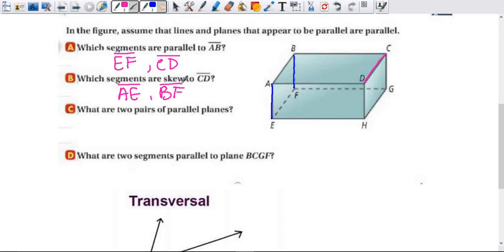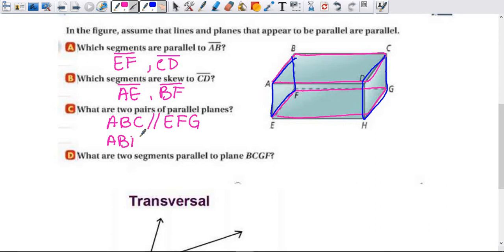What are two pairs of parallel planes? Okay, there's going to be 3 different ones here. I could use the top with the bottom, so I could say ABC parallel to EFG. I could also do side with side, so I can call that ABF parallel to CDH.